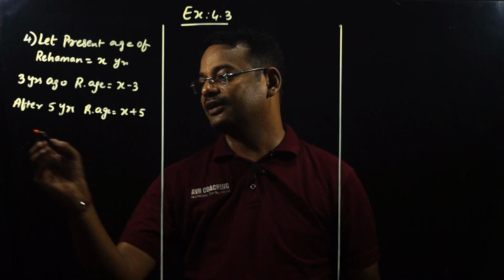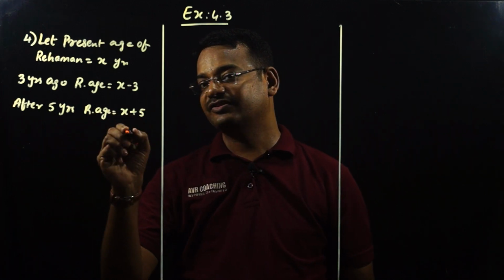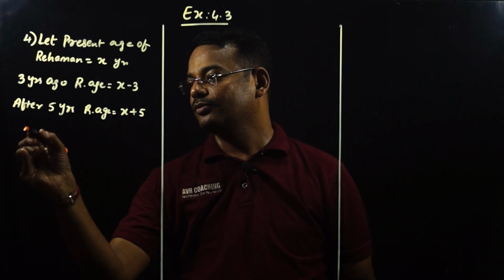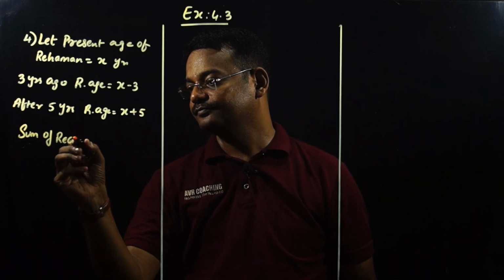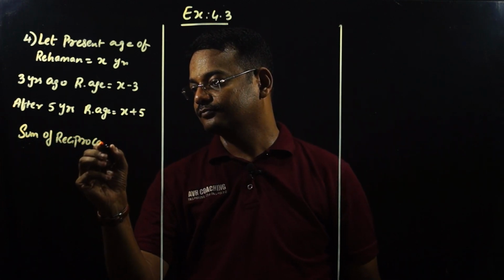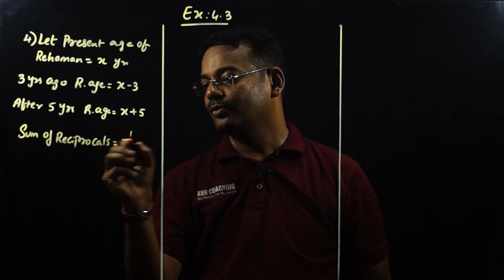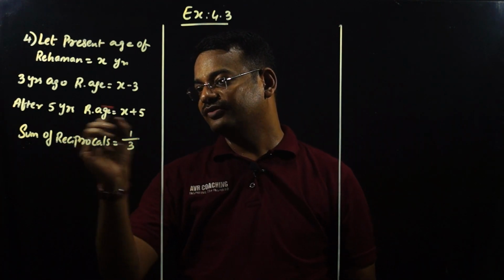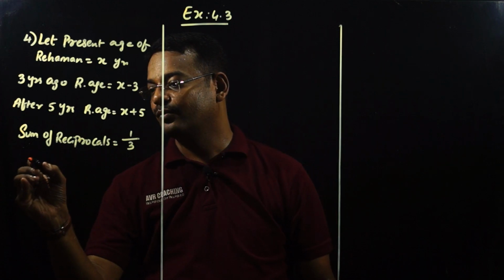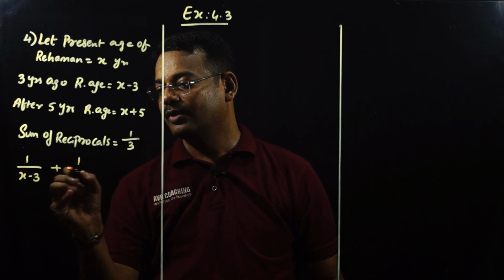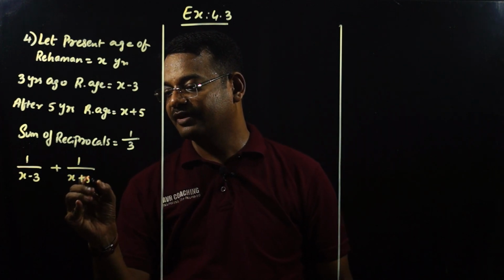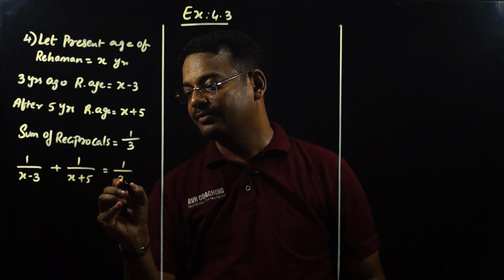Now he has given the condition that the sum of reciprocals is equal to 1 by 3. So the sum of reciprocals of ages is 1 by x minus 3 plus 1 by x plus 5 equal to 1 by 3.